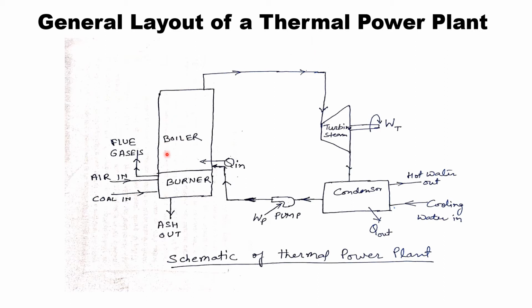Here in this boiler we generate steam at high temperature and high pressure using the energy of coal. The generated high temperature and high pressure steam, we then send to steam turbine, where this steam is expanded in the steam turbine, and the turbine rotates and delivers the useful work output, that is called turbine work.